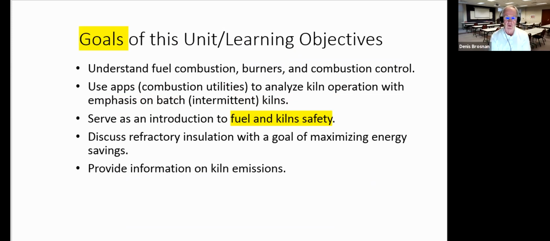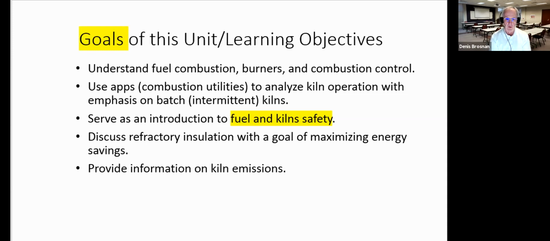A continuous kiln is no more than essentially a group of batch kilns lined up together where energy flows from one zone or one batch kiln into the next zone, so to speak. And so if you understand batch kilns, you will understand continuous kilns as well.